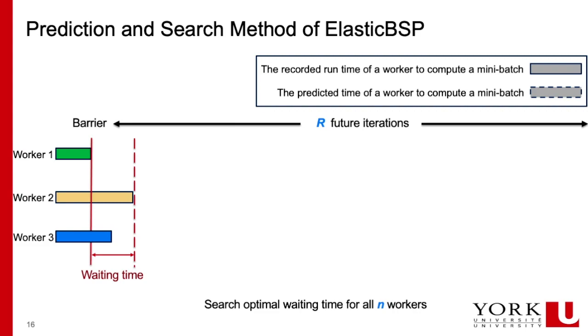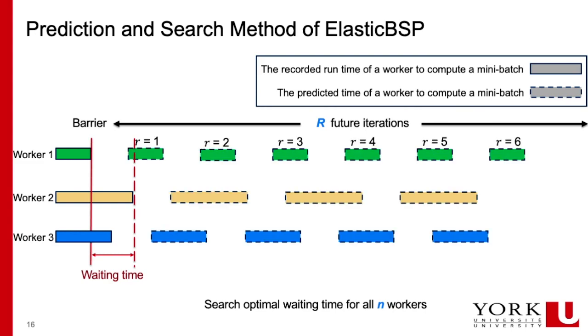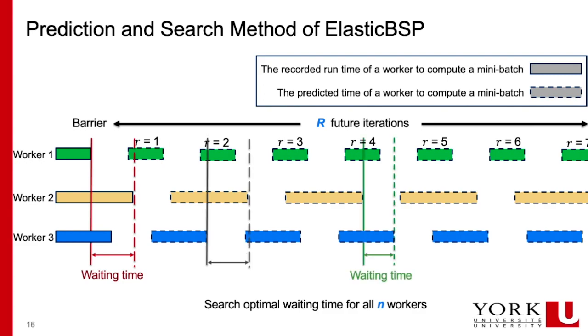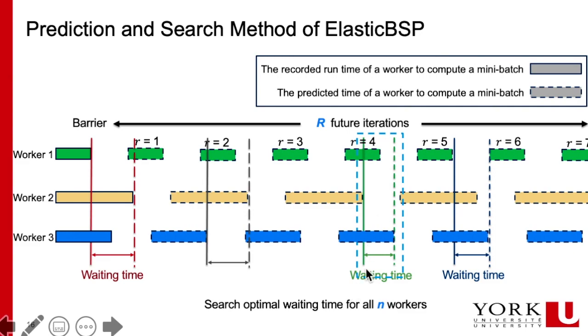Let's estimate the R future iterations for each worker based on the information we just got. Then we can search for the minimum waiting time among these future iterations. And in the end, we will find this green barrier, which yields the minimum waiting time.